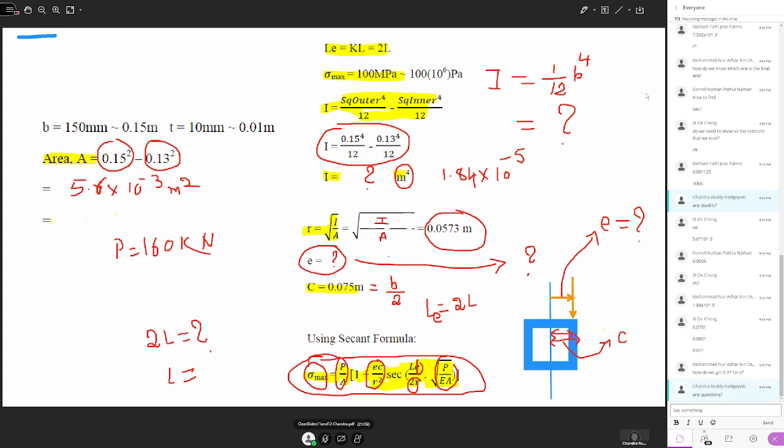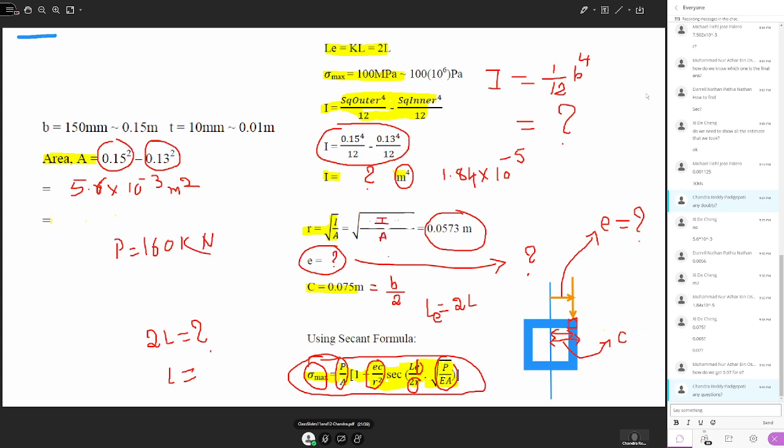How do we get 0.07? All right, 0.07 refers to the eccentricity. Eccentricity means from the neutral axis to where the load is acting. From the description of the problem, the load is acting on the outer edge of the column at the midpoint of the side. If this is the thickness of the side, it is acting at the center of this.